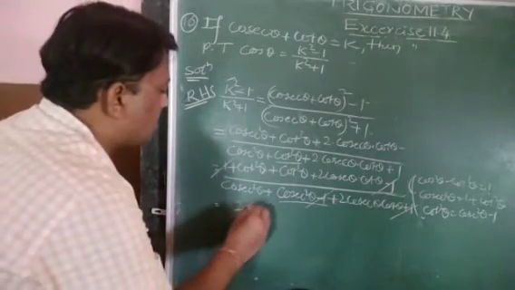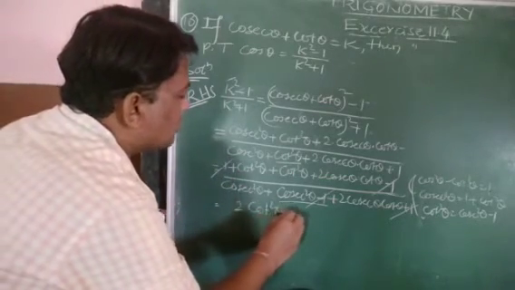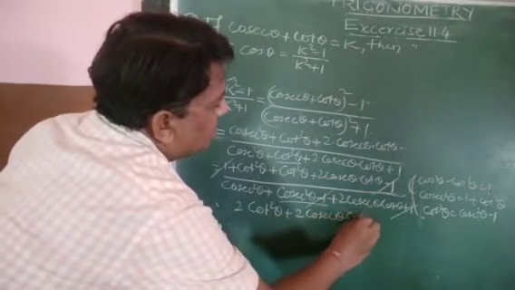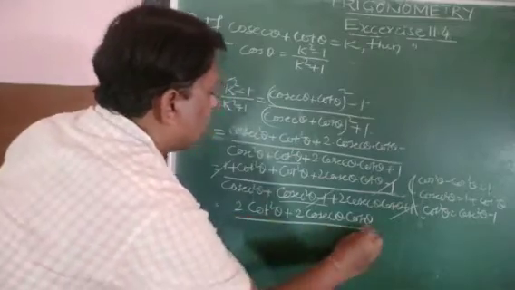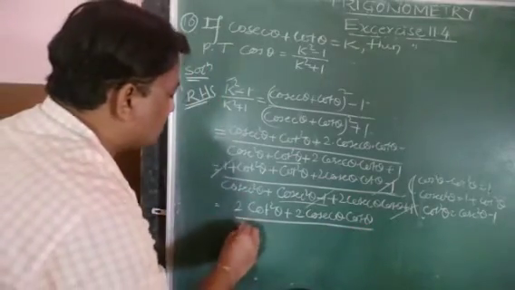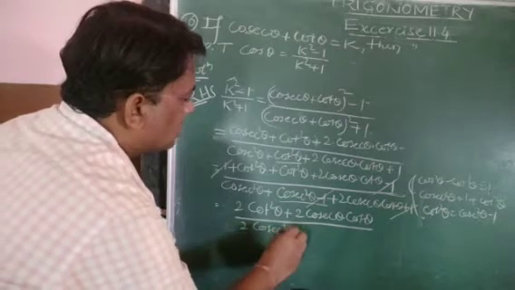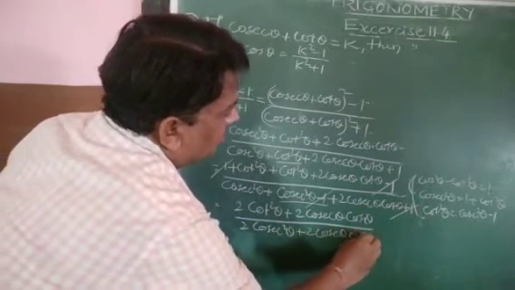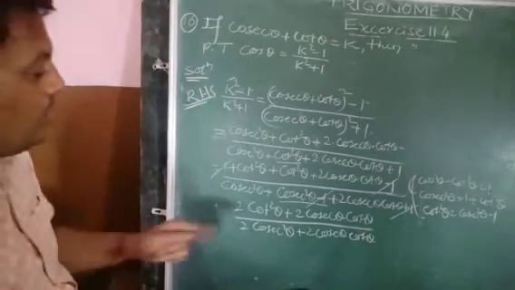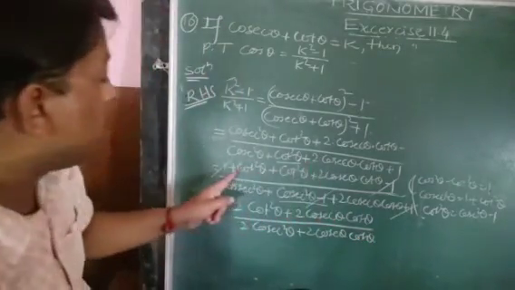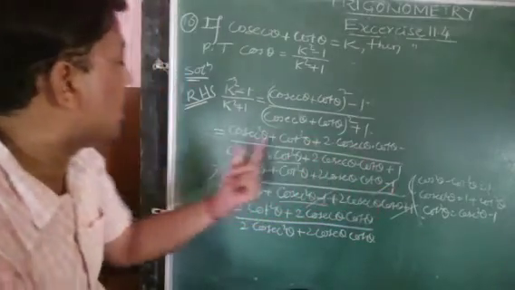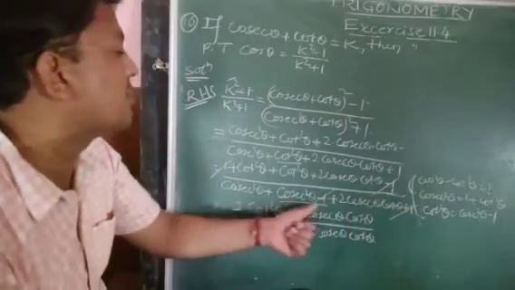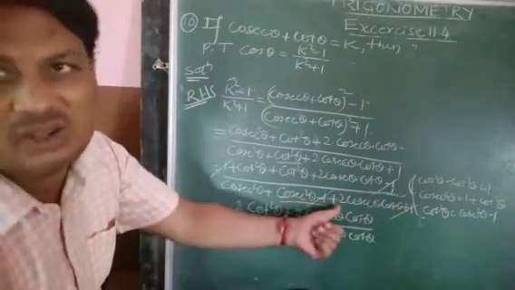Cot square theta plus cot square theta, 2 cot square theta plus 2 cosec theta cot theta. See, it became simple. Divide by cosec square theta plus cosec square theta, 2 cosec square theta plus 2 cosec theta cot theta. Okay children, so see how 1 disappeared. To cancel 1 minus 1, I brought here 1 plus something. To remove the plus 1, I brought minus 1 in the form of the cosec and cot relation.